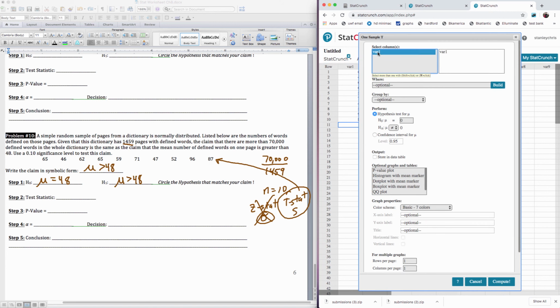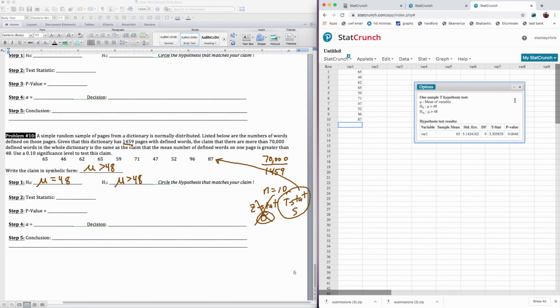Okay, data, that's the one there, and let's match my null up to my null, which is 48 per page. And then if they think it's more than 70,000, there'd be more than 48 defined words per page. So click on that, and we are ready to run the test. It just gives us a T and a p-value. There you go.